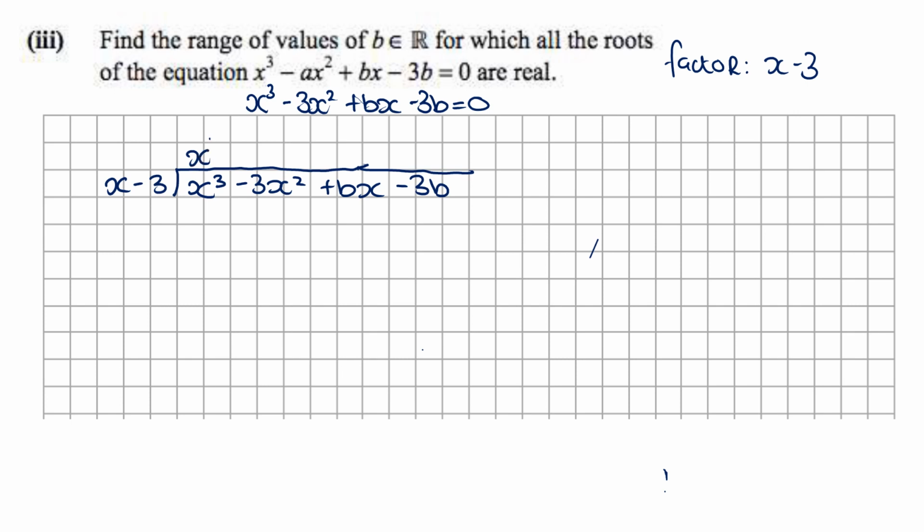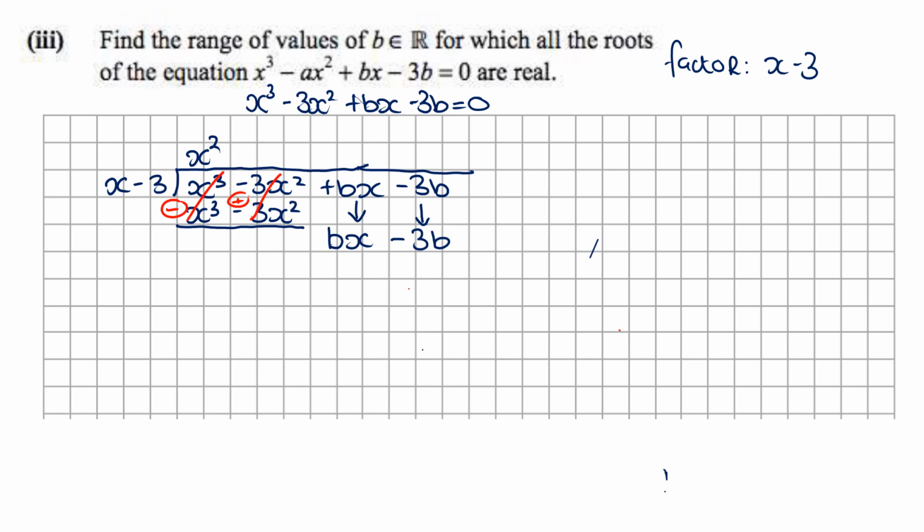So x squared goes in, giving us x cubed minus 3x squared. Now, when we go to subtract this, notice that both pieces cancel. It's unusual, but it's okay. Then we need to bring down both pieces here.